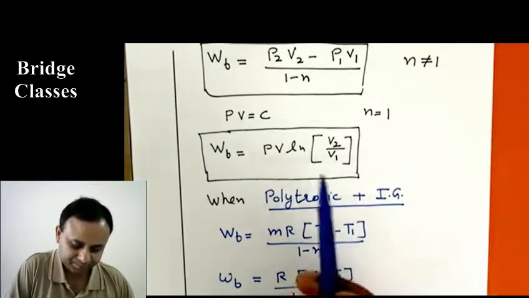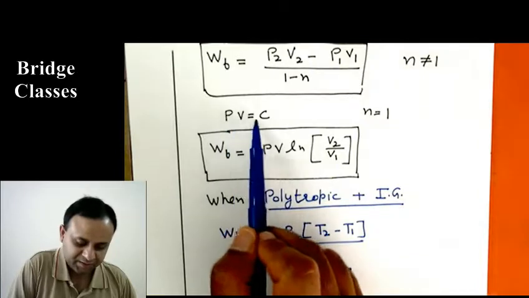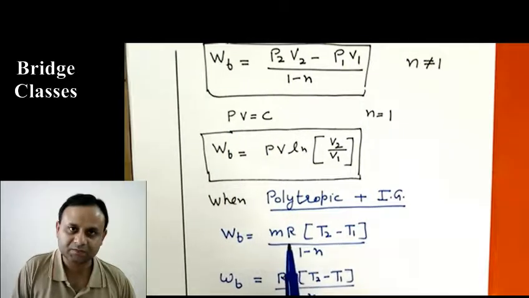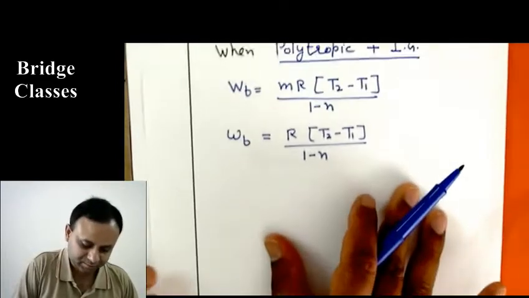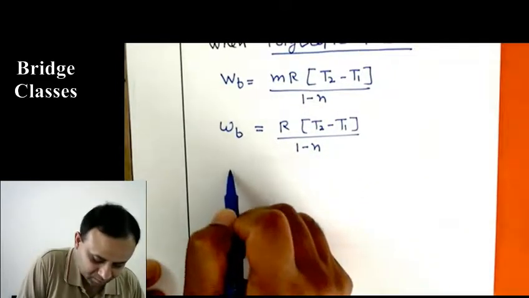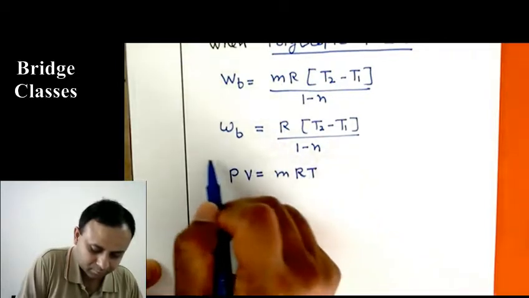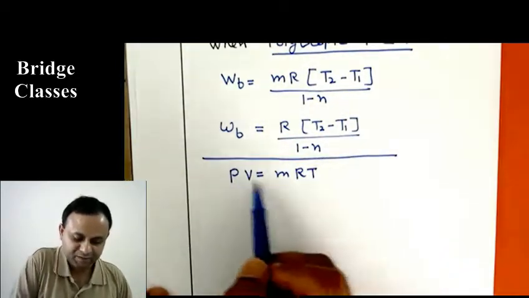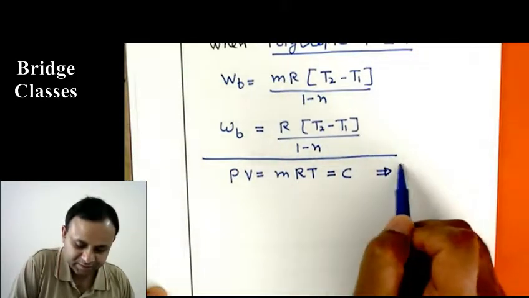And similarly, for PV equals constant, if it is an ideal gas, this is actually an isothermal process. You see, PV equals MRT, and if PV is constant, it means temperature is constant.